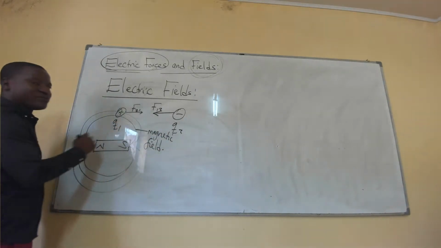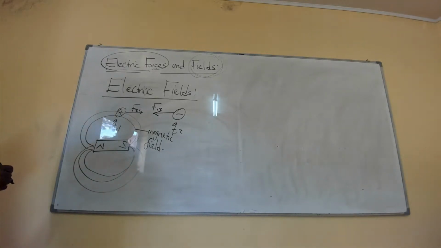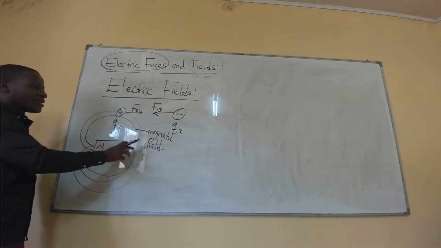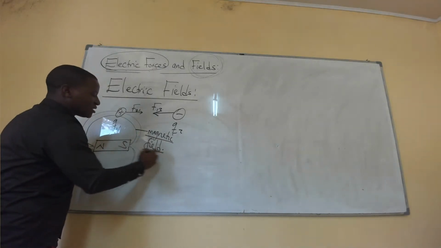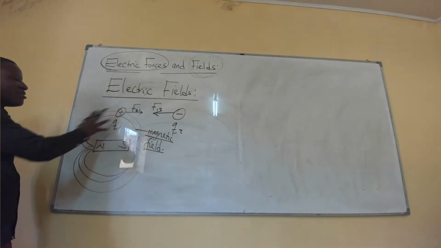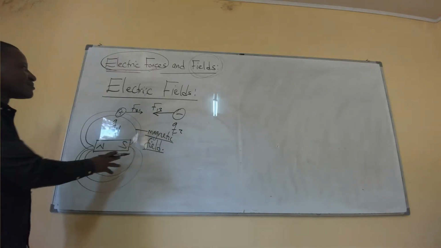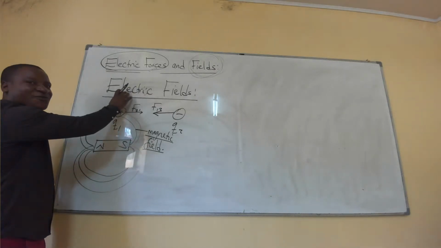We will do these in detail as we look at magnetism, but it's just a matter of reminding you that they are what are called magnetic fields, which are a result of the magnet, either permanent or electrical magnet, but at the same time there's what is called an electric field.